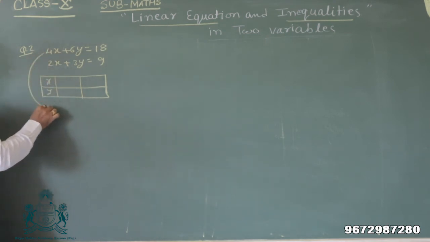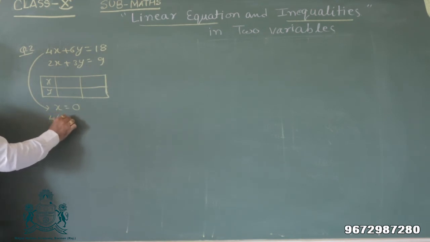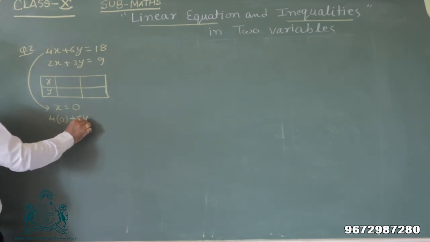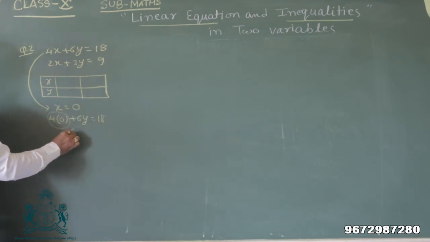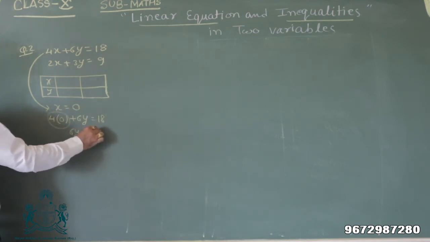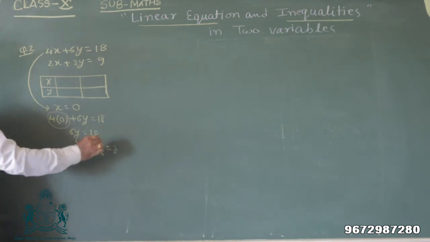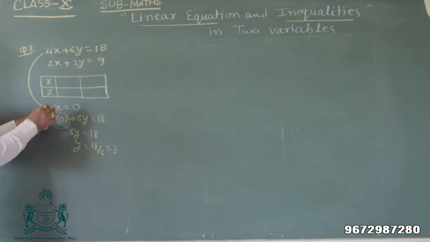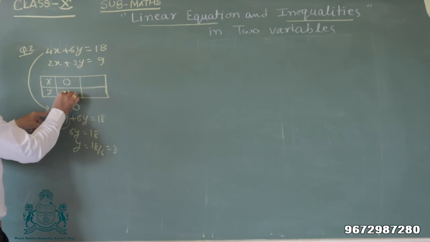First equation, put the value of x equal to 0. 4x as it is, multiply by 0, 6y equal to 18. This number is 0, 6y equal to 18, y equal to 18 by 6 equal to 3. Put the value of x equal to 0, then value of y equal to 3.